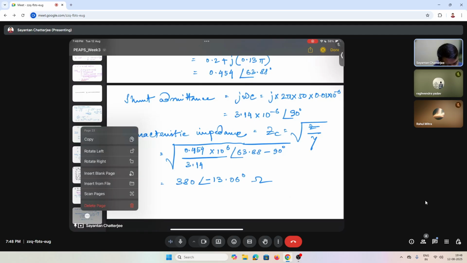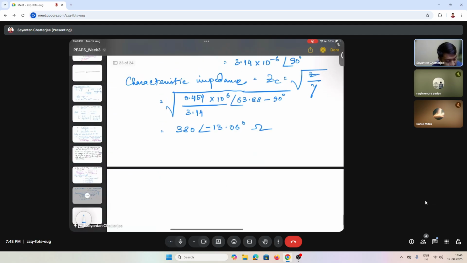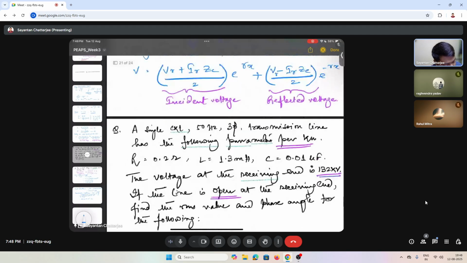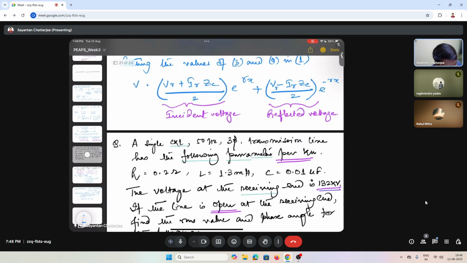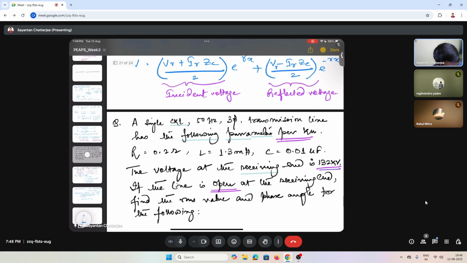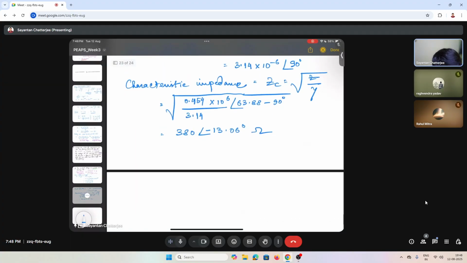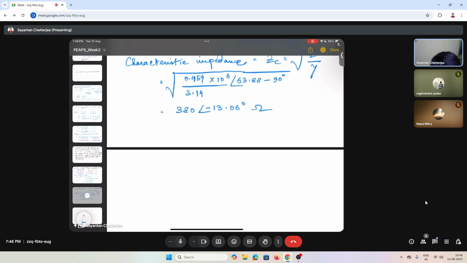So where is the calculation? Another thing is, for x length we need to have these values. Gamma value is required. We got gamma. So what we will do now is to calculate the propagation constant value.